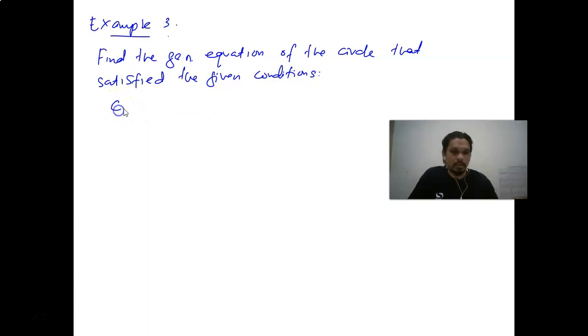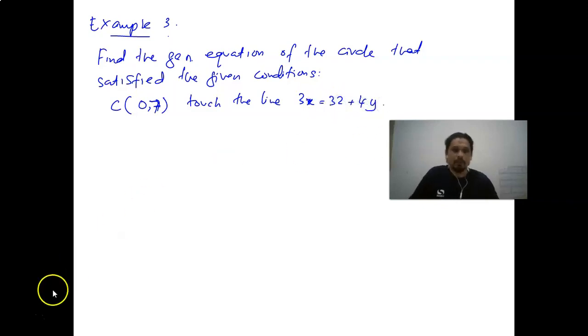The center, which is 0 and 7, touches the line of 3x equal to 32 plus 4y.